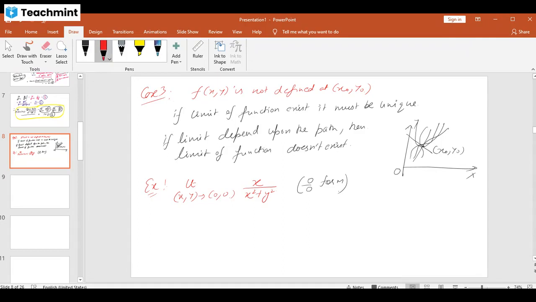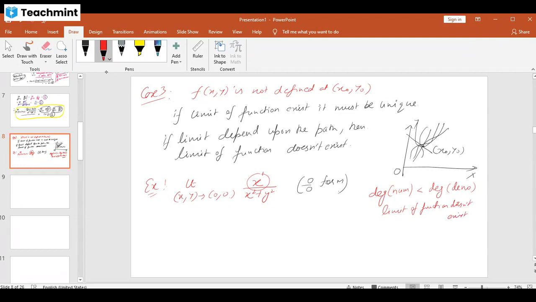Here in the numerator the power of x is 1, but in the denominator the power of x is 2 and the power of y is 2. So if the degree of the numerator function is less than the degree of the denominator function and it is 0 by 0 form, then the limit of the function does not exist.